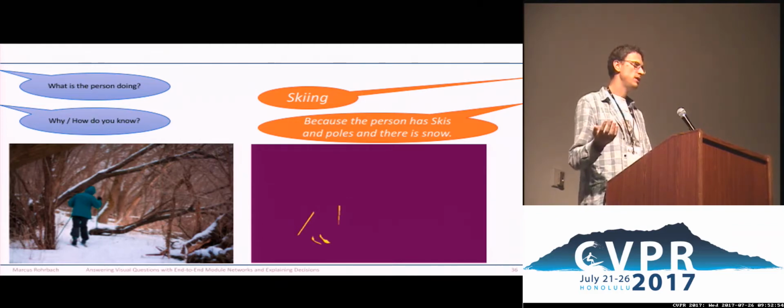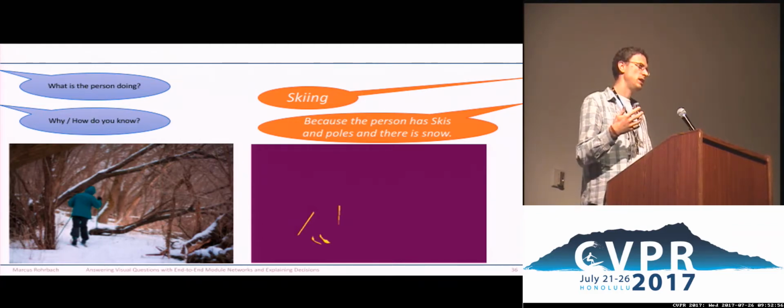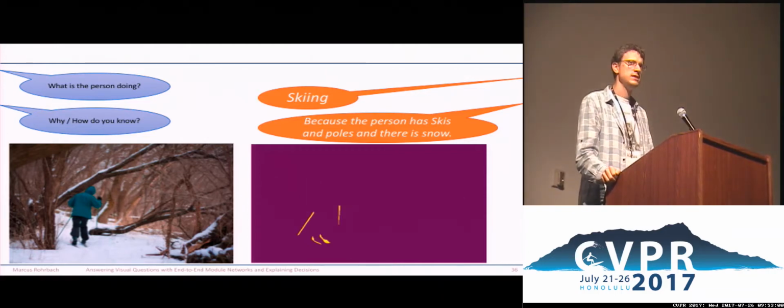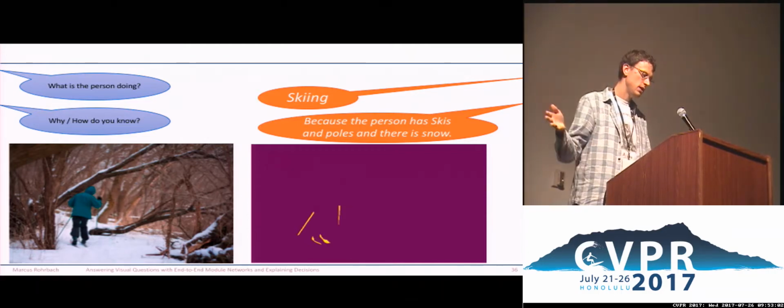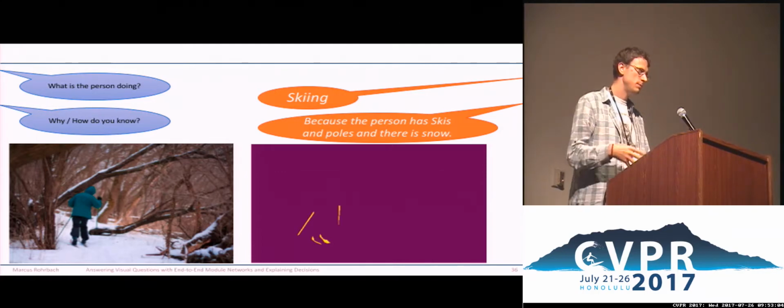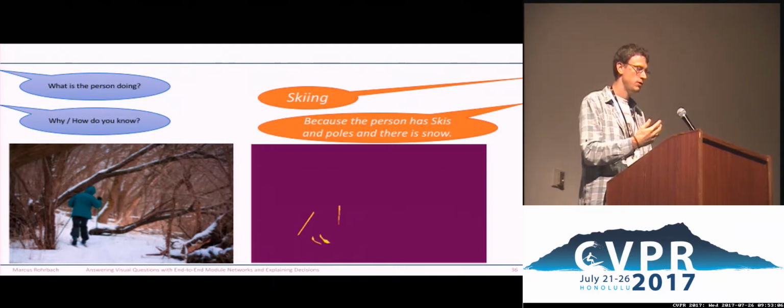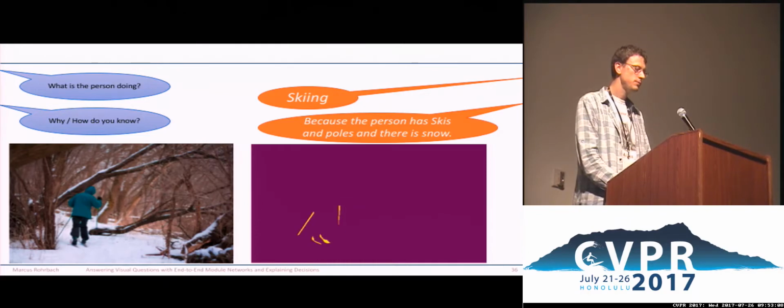Similar to humans, who can explain things and point to why this is the right answer. In this case, the skis and the poles might be the most discriminating factor for the answer skiing. We want to allow machines to do the same thing.